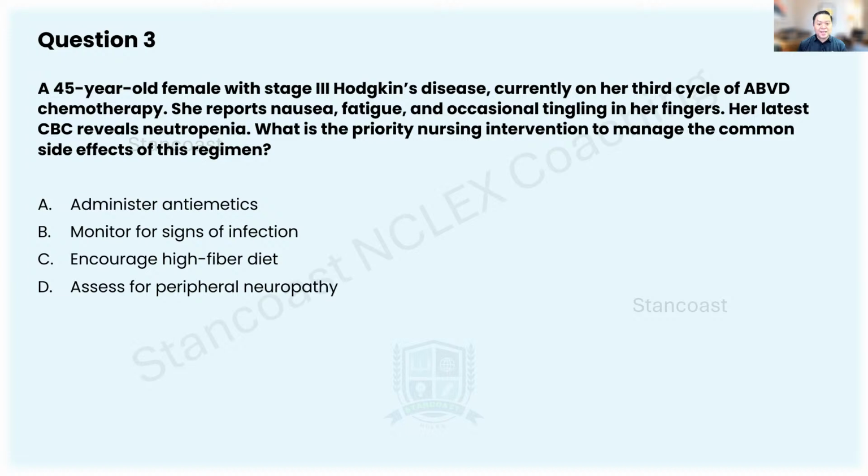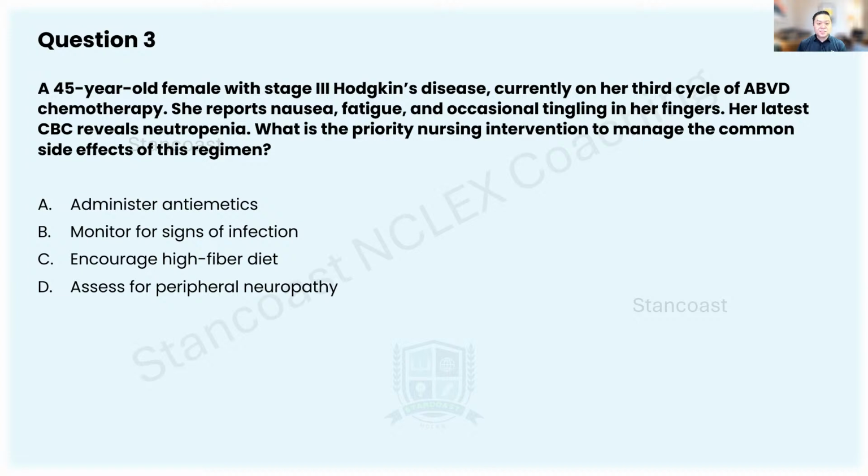Is it A, administer antiemetics, B, monitor for signs of infection, C, encourage high-fiber diet, D, assess for peripheral neuropathy? The question states, a 45-year-old female with stage 3 Hodgkin's disease, currently on her 3rd cycle of ABVD chemo.